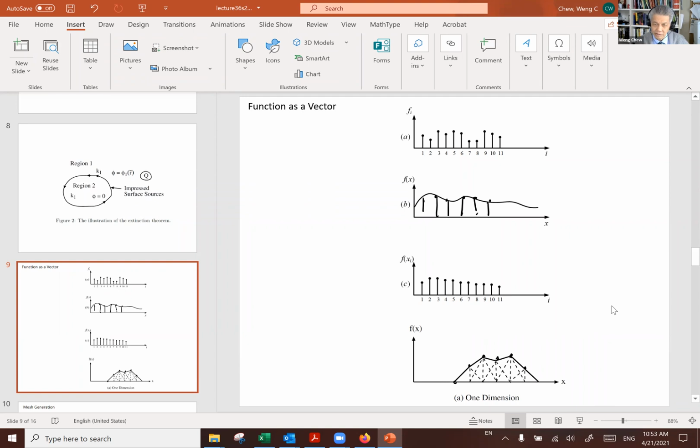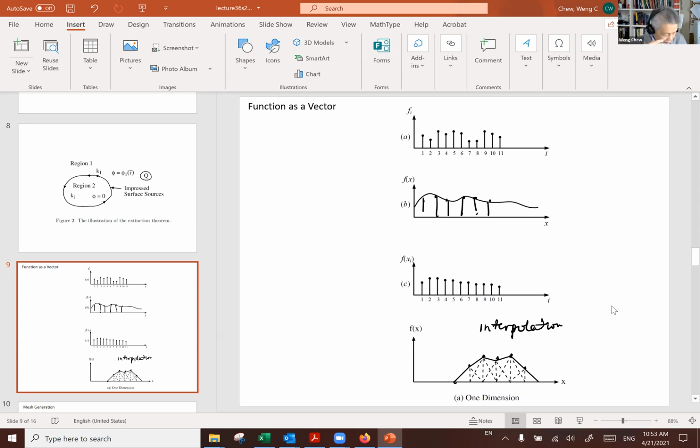Okay. You can also think of interpolation as a way to retrieve a continuous function from a discrete function. Okay, and this interpolation can be done in many, many ways. One way is just to use a linear interpolation. Another way is to use kind of a cubic spline, quadratic interpolation, and so on.